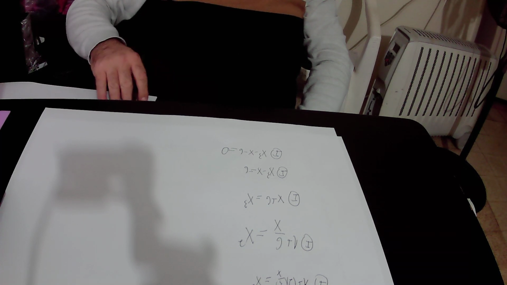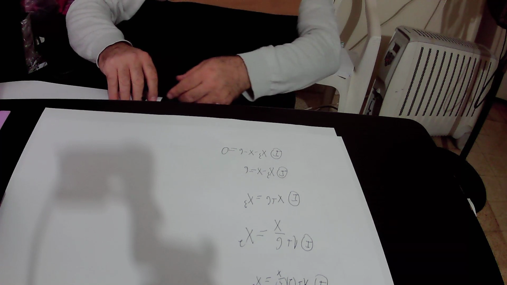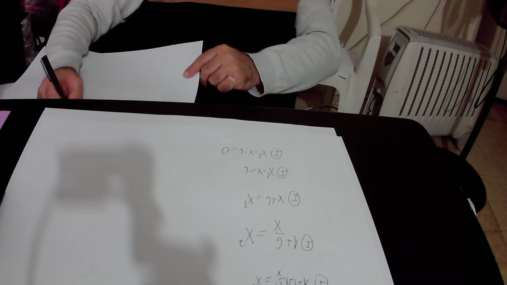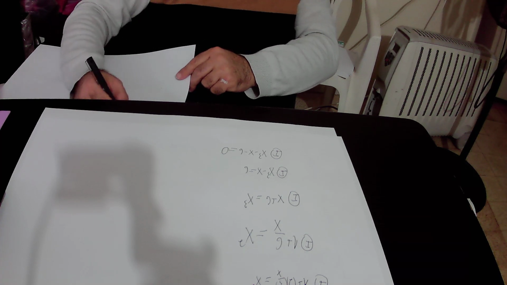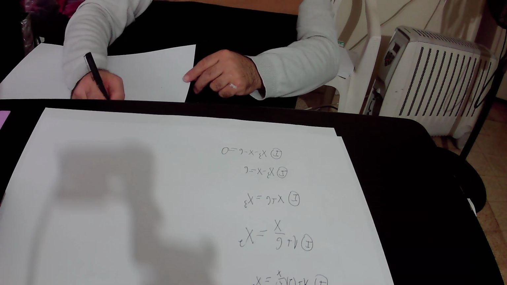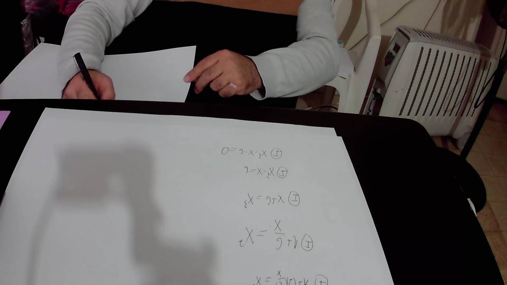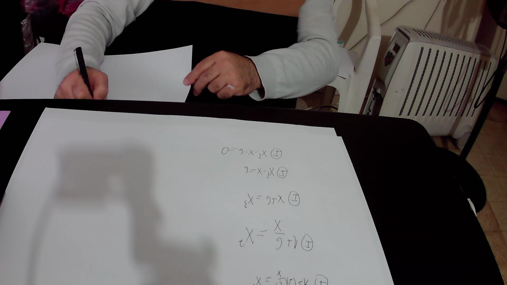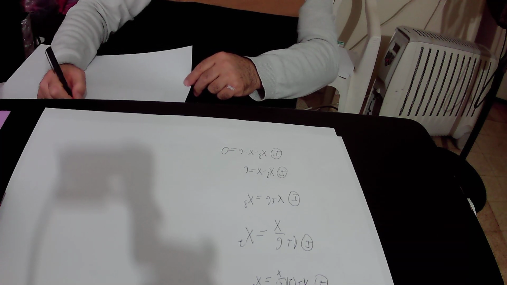So we will add to equation number 1 2X squared. So it will be X cubed minus 2X squared plus 2X squared, minus X minus 6 equals 0.